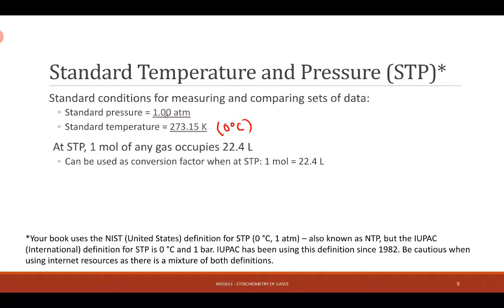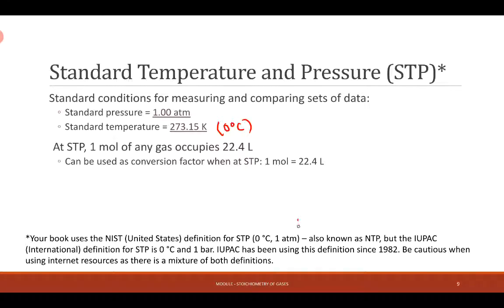You might have heard me mentioning that this is in the United States at least, and that's because NIST, the National Institute of Science and Technology, does use 1 atmosphere as the standard pressure, but the International Union of Pure and Applied Chemistry deviated from NIST back in 1982 in order to make this 1 bar of pressure, because 1 bar is more closely aligned to the SI unit for pascals.